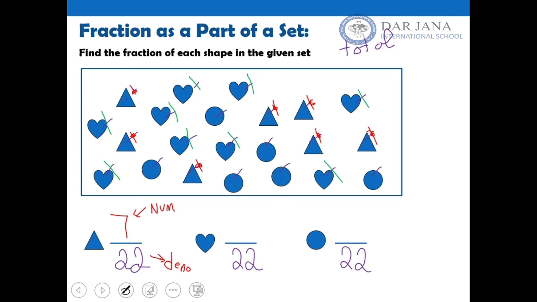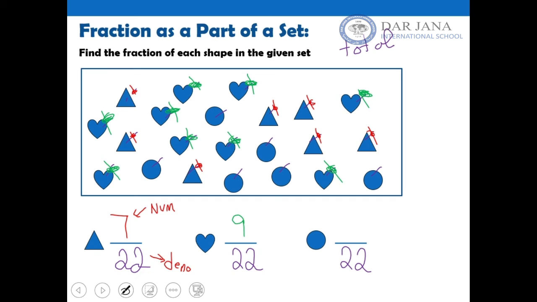Let me make sure: 1, 2, 3, 4, 5, 6, 7, 8, and this one is 9. Repeat it more than one time to make sure. So 9 is the number of hearts. So 9 out of 22. I have 9 hearts out of a total of 22 shapes.